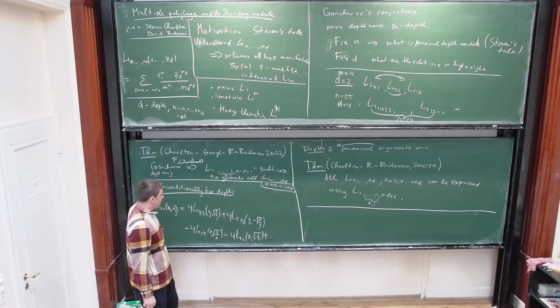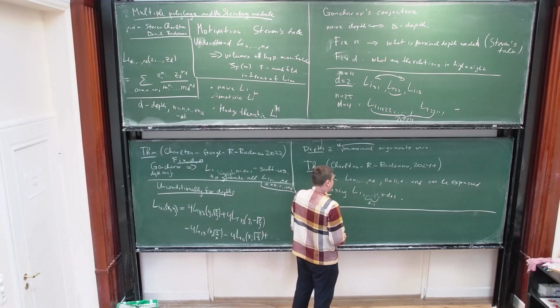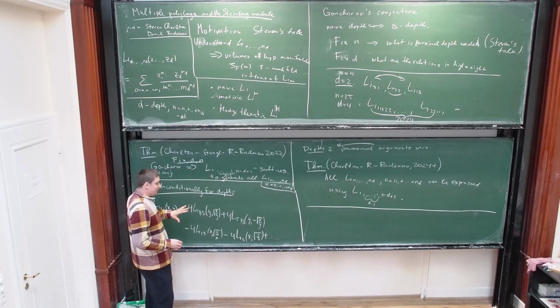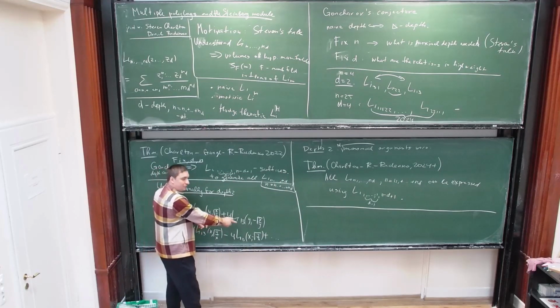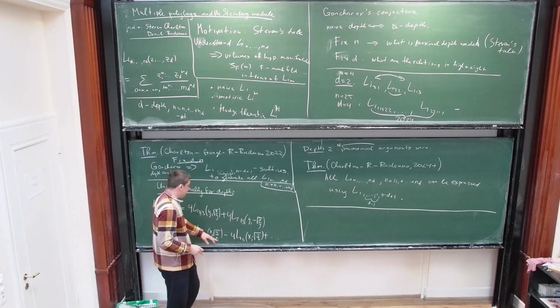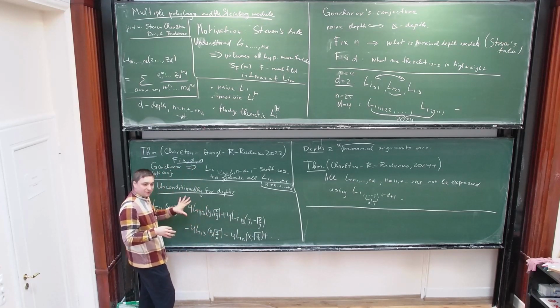So the idea is to try to understand what happened here, what kind of arguments these are, and try to figure out some general structure of the space of all such objects.